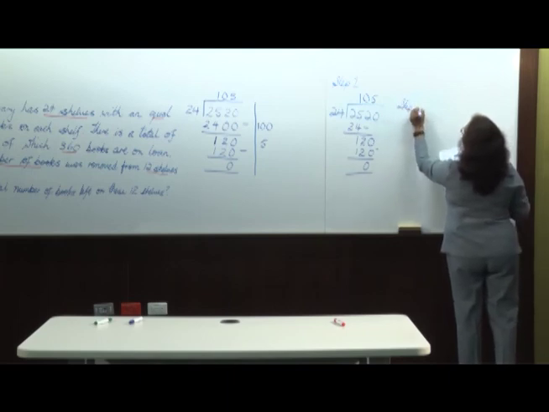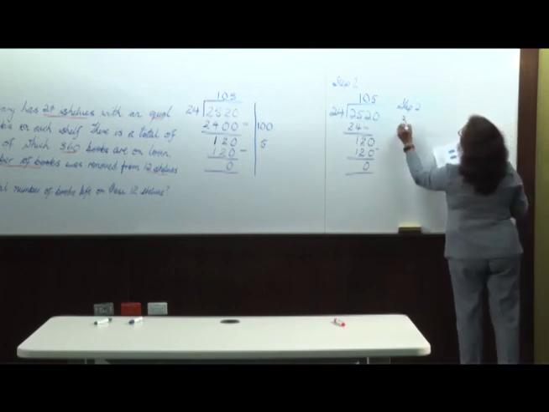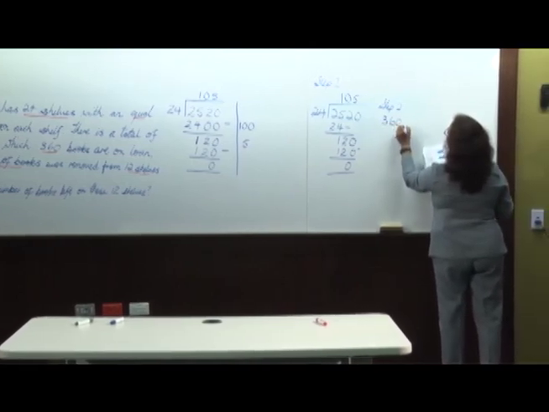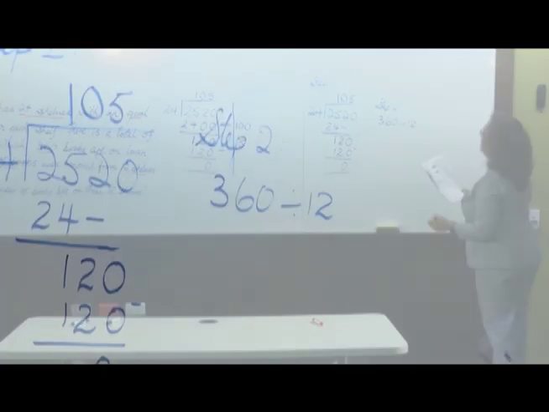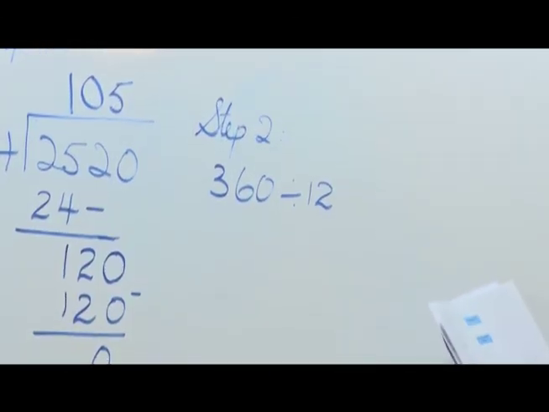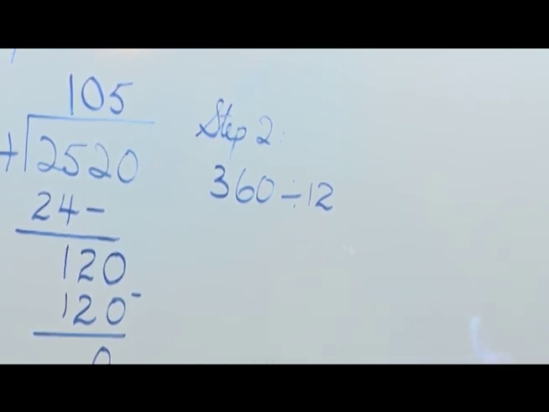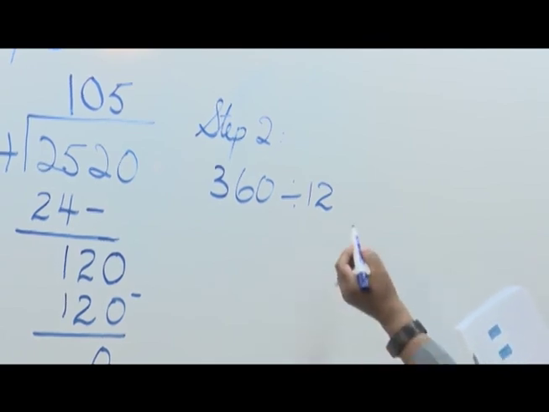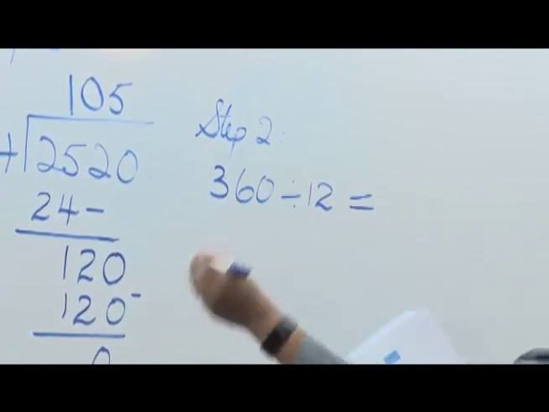And it's not very difficult. So I'm going to divide 360 by 12. An equal number was taken from each of the 12 shelves. Now, boys and girls, this is another division. But I expect by now that you can use your mental skills to solve this problem. And I don't need to go to another full algorithm.